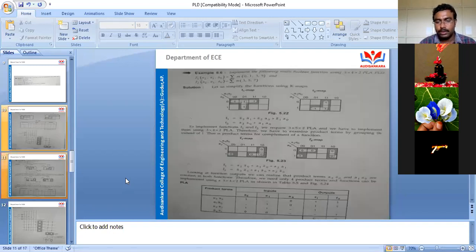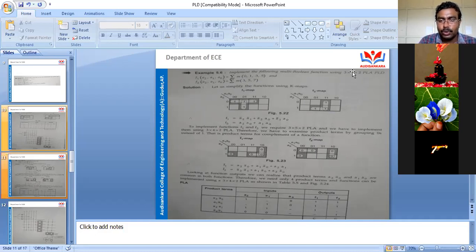Then students, there is only one thing that we have to discuss in particular. If you're not meeting the requirements, if they are giving 3 inputs, 4 product terms and 2 outputs, then according to the given function, you design your truth table. Then look here.